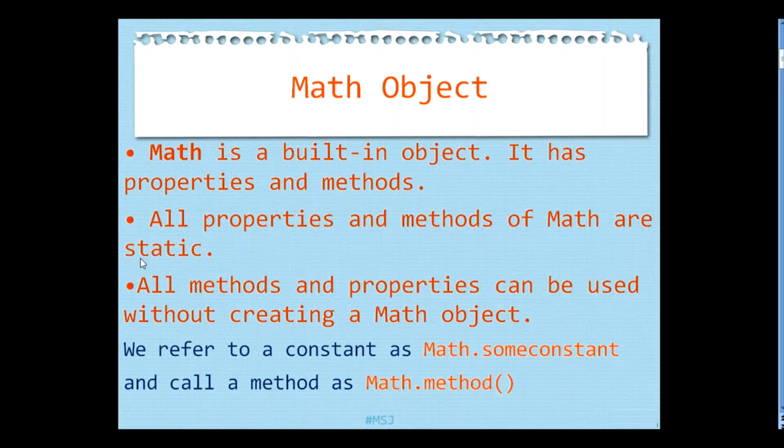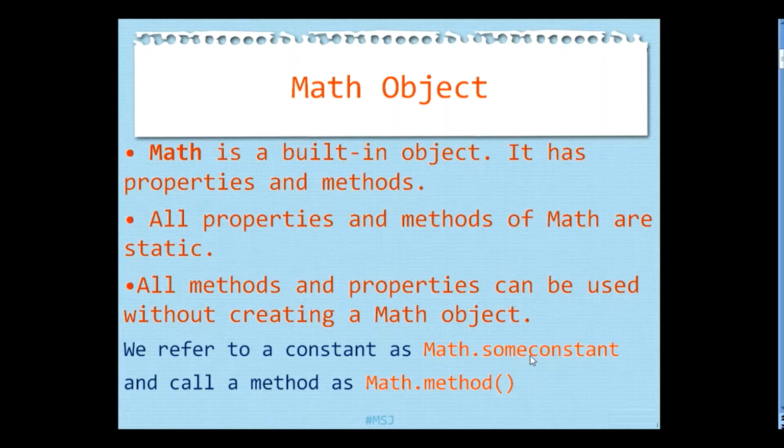The advantage of static is we need not create an object, but straight away you can use the properties and methods by using Math, capital M-A-T-H. Now a constant or some property of this Math object can be accessed by writing like this: Math dot some constant or Math dot some property.